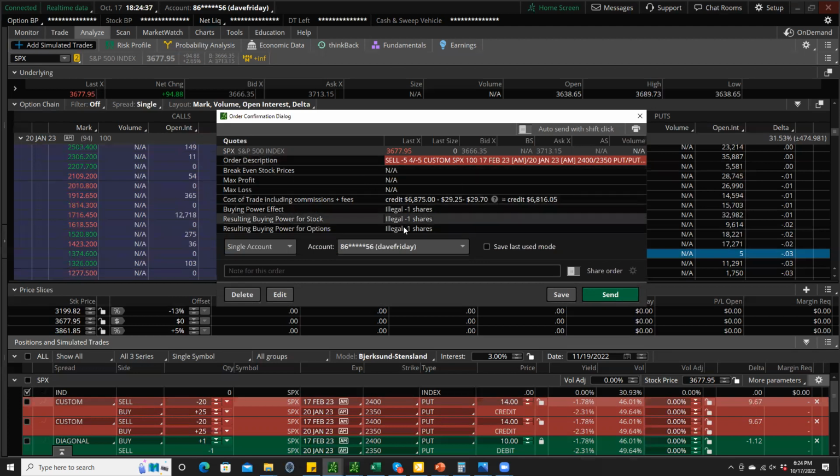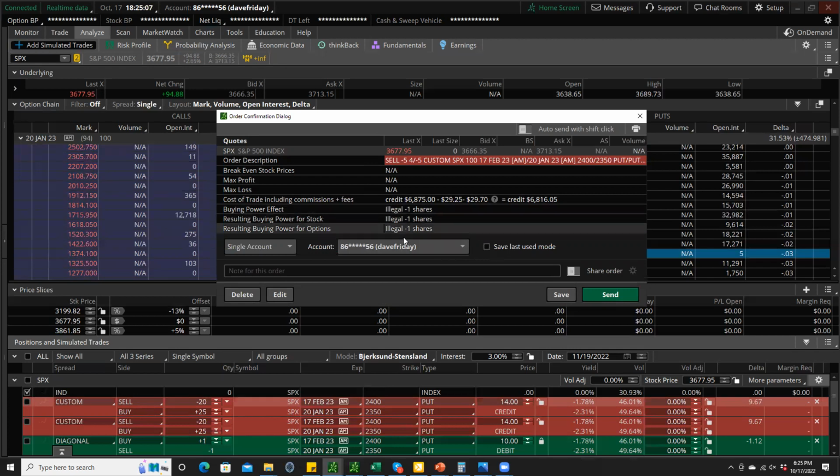And you can see this says illegal. That's because this particular account is not a portfolio margin account. This one is just a normal account, no special privileges. So it's telling me right here, I can't do the trade. And why can I not do the trade? Because it already recognizes that this is further out in time than this, and I don't have the privileges of doing naked puts in this account.